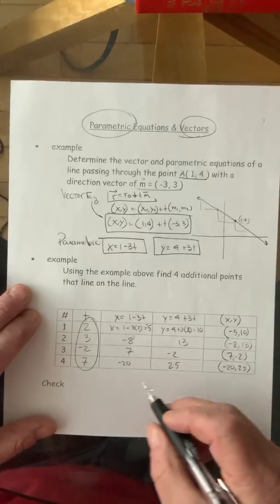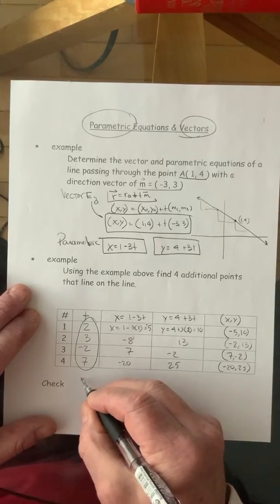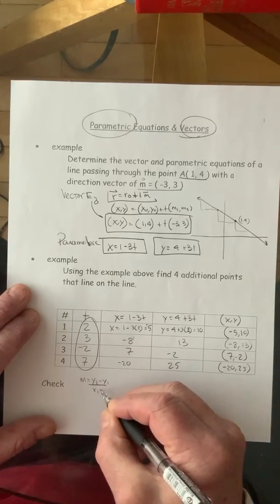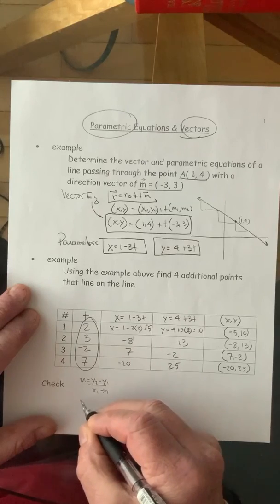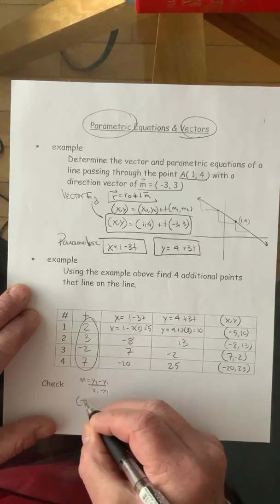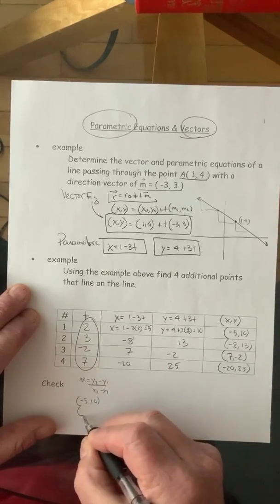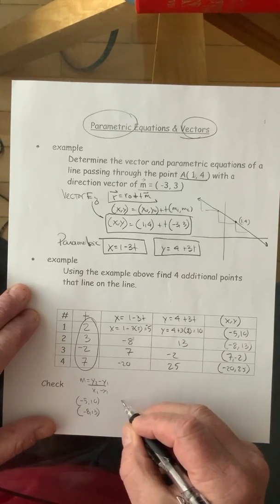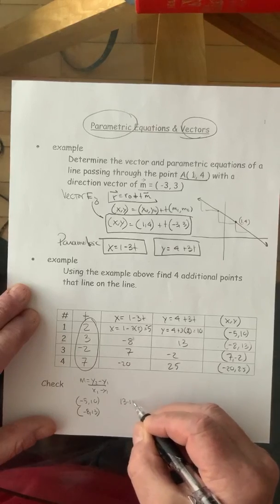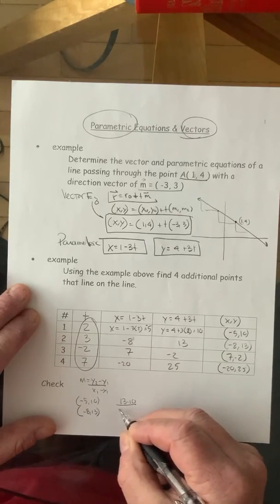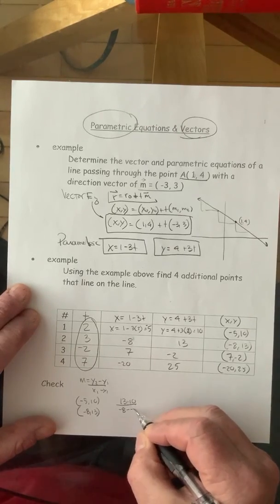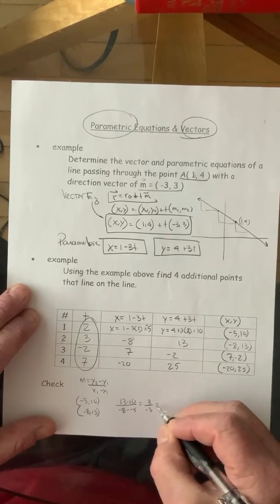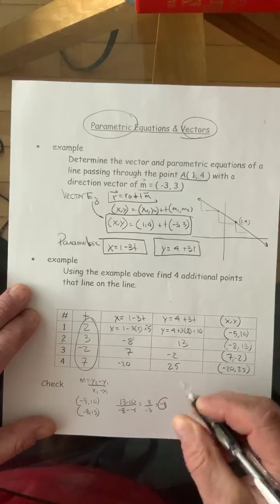Let's check that by finding slope. I'll pick the first 2 points, in which case I will get 13 minus 10 over -8 minus a -5. I will get 3 over -3, which is -1.